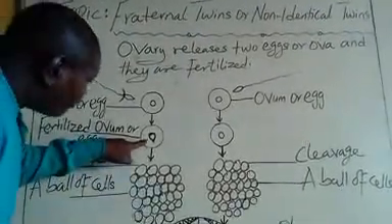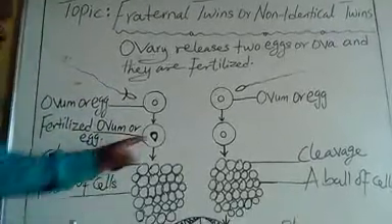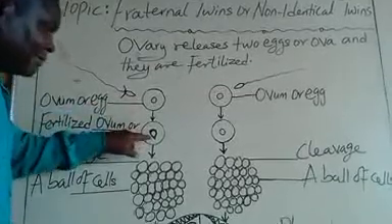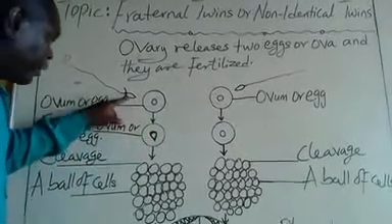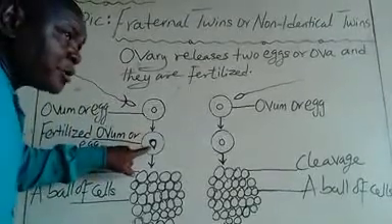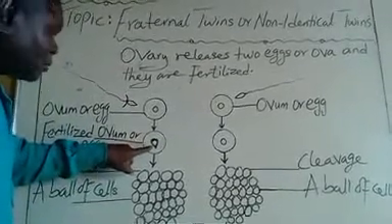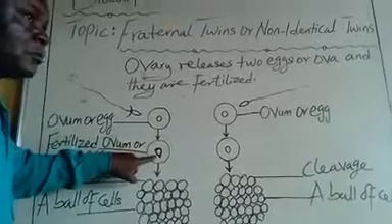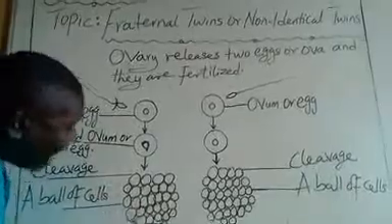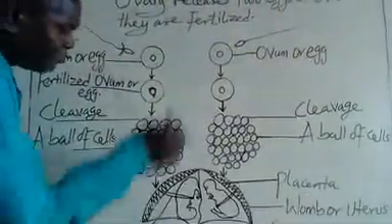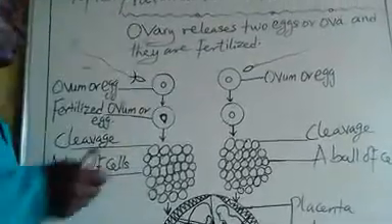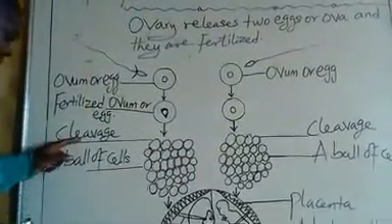Now, this ovum is fertilized. As you can see, the sperm has entered. The nucleus of the sperm has fused with the nucleus of the ovum. Now, for you to have a fetus, to have a baby, there is what we call cleavage.